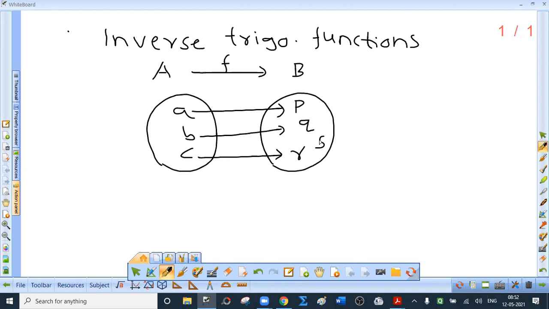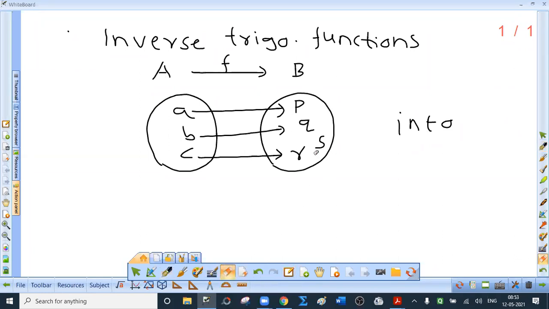Now, in this case, you will notice this function is one-one, but not onto, it is into. In this case, you will notice that a function from set B to set A does not exist. Why? Because what is the criterion? The criterion is every element of the set B should be uniquely associated with an element of the set A, but S has no association, right? So if the function is into, then a function from B to A does not exist.